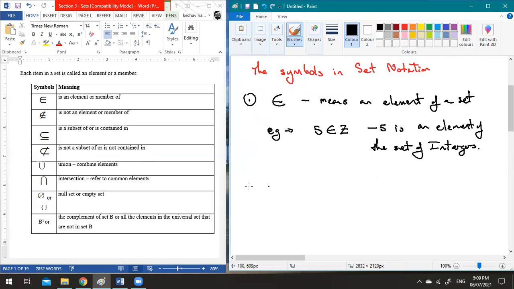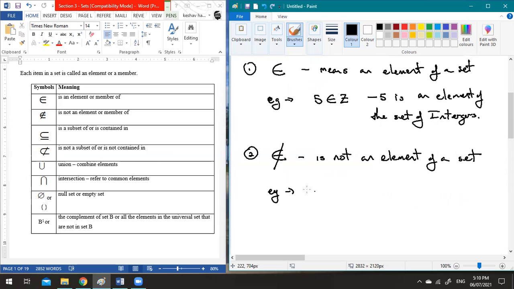Now, anytime you cross out a symbol, it means it's not an element. So an example would be, let's say a half is not a member of the set of integers, because integers represent whole numbers, right?